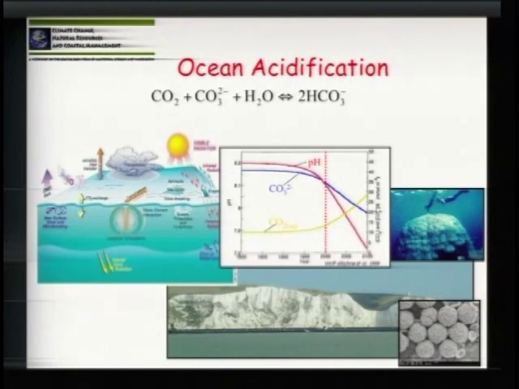This would be a 150 to 200% increase in the acidity of the oceans because of the addition of anthropogenic CO2. And the carbonate ion concentration would drop to about 50% of what it is today. So you can see that the organisms that produce calcium carbonate shells will have a more difficult time doing so.